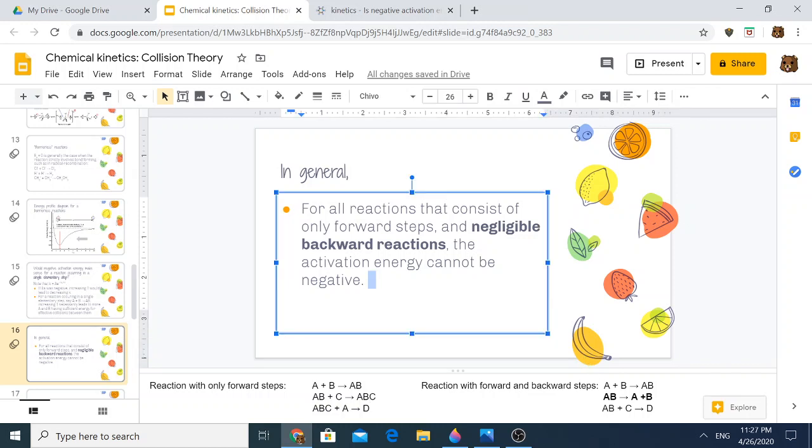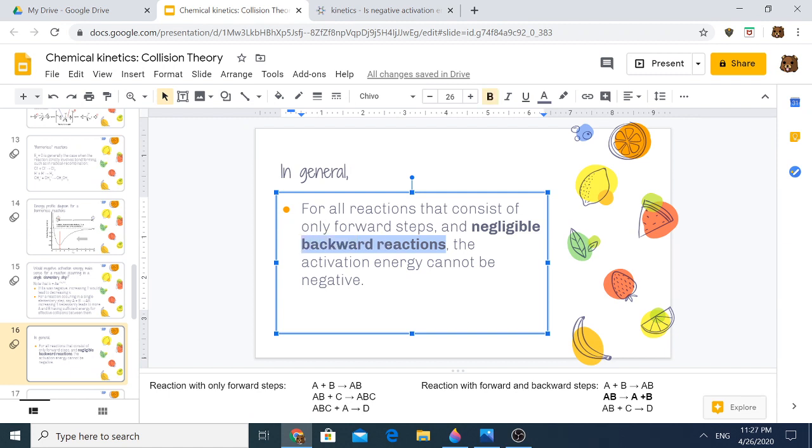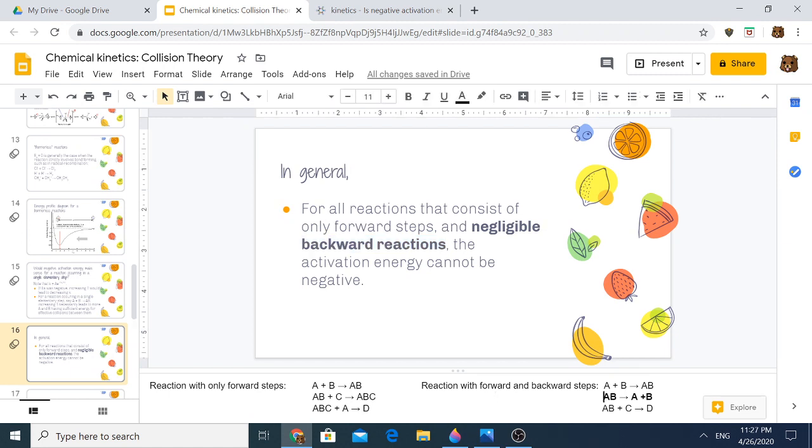But as you can see, I think you are beginning to see when reactions can have negative activation energy, and it is when they have very significant backward reactions. That's the condition. So let's say you look at this side, I can highlight this.